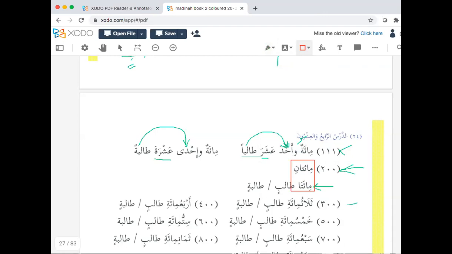The first one is 200. The other one is... Okay. What differences can you notice? Anyone? حذف النون. Are they identical in form? حذف النون. Almost except for the noon. أيوة, أحسنتم جميعا.